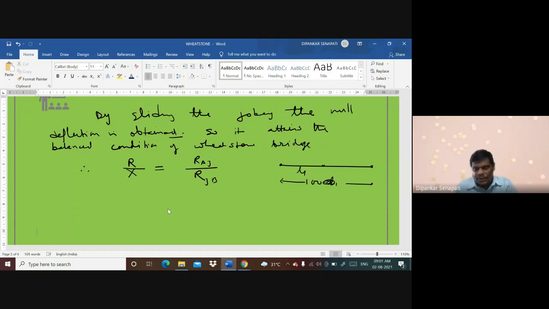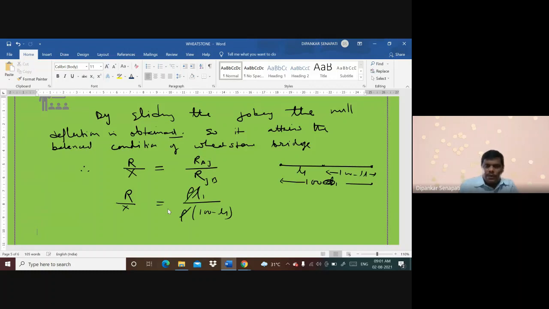Sorry, this is 100 centimeter, so this will be equal to 100 minus L1. Correct. And therefore, R by X will be equal to, where rho is linear resistivity, that is resistance per unit length, into L1 by rho into 100 minus L1.